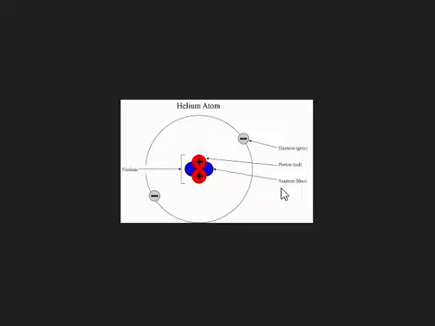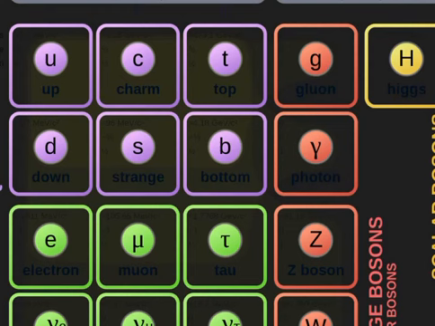So we may take some non-radioactive metal, and if we further divide the proton or neutron into its further parts, what we will get is quarks.